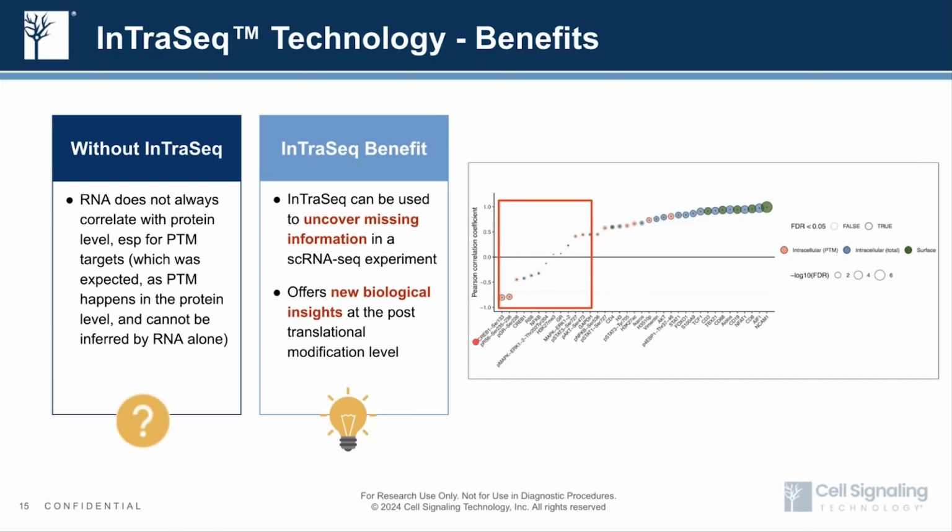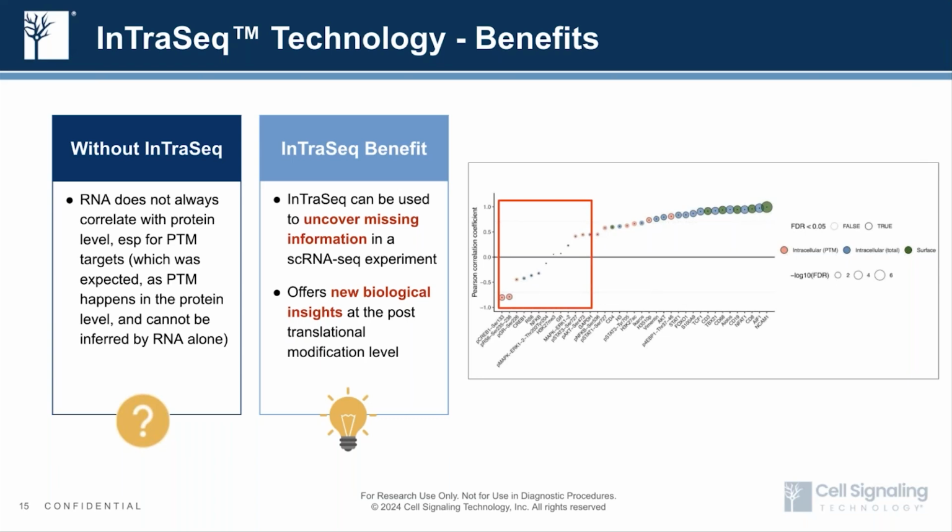For instance here, when you look at phospho-CREB1 at the serine 133 residue, if you were to see high RNA levels in your single cell data, you honestly might as well expect low phosphorylation level of that protein. Now, we have to say that this result is not surprising, because we don't expect post-translational modifications to correlate with RNA.